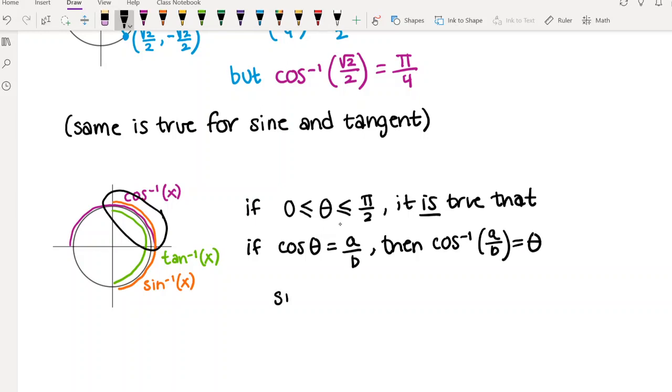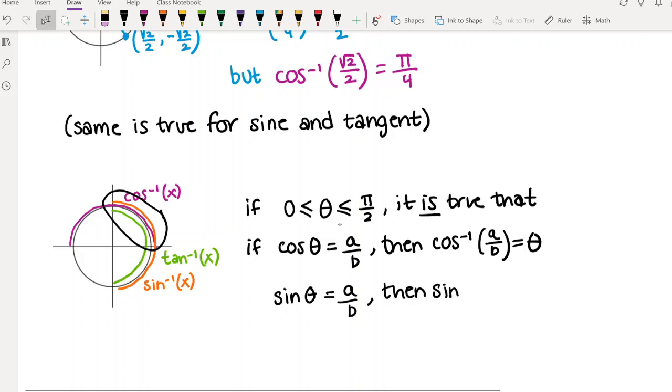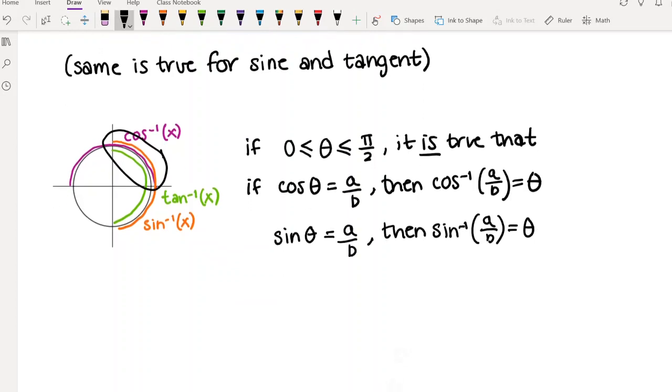And the same thing if you take sine of an angle and you get a particular number, and then you take inverse sine of that number, you'll get back the same exact angle you started with. Same thing with tangent.